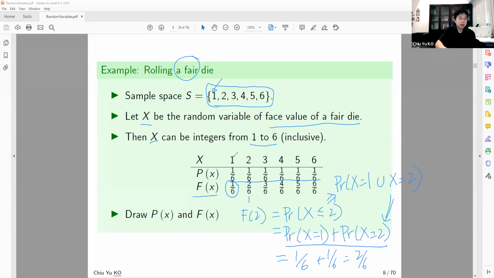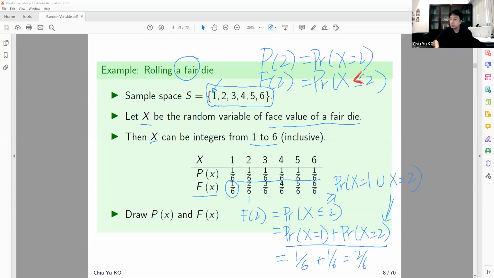P of 2 is just asking the probability x equals 2, and F of 2 is asking the probability x is less than or equal to 2. So the key difference is this: one is equal, but the other is less than or equal to.